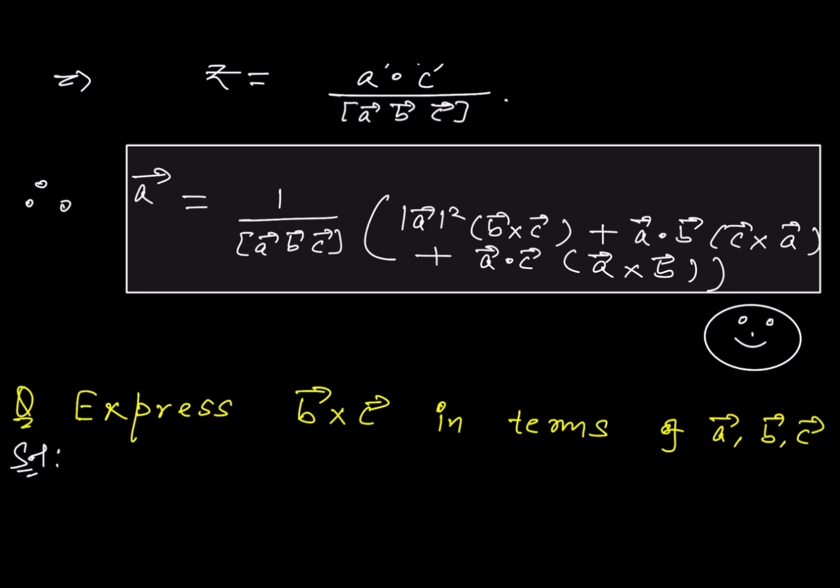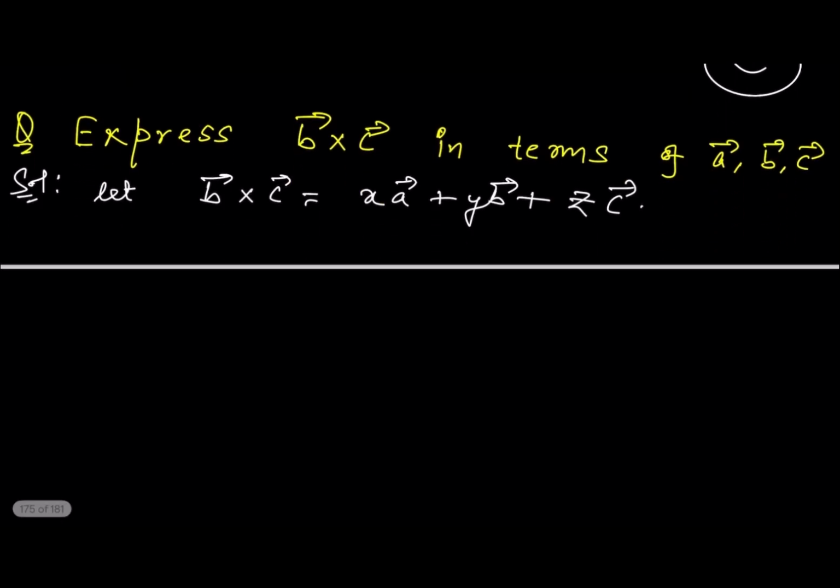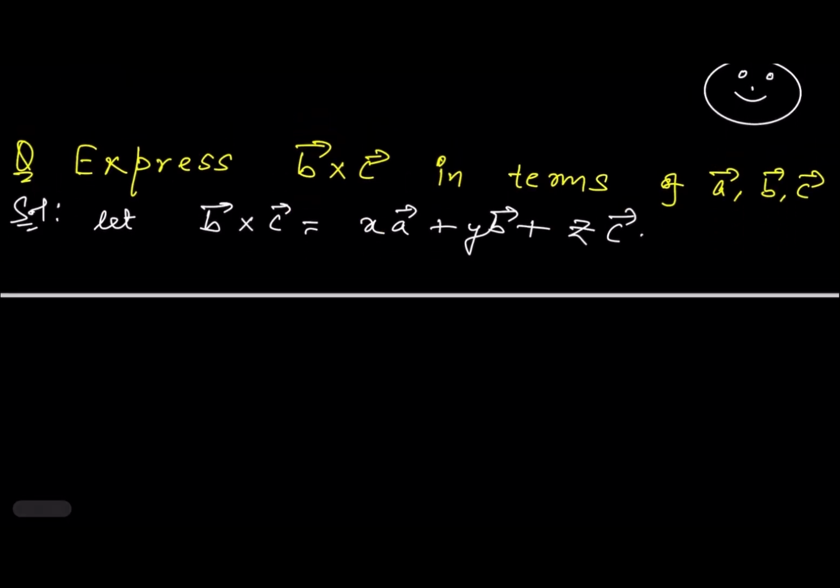So now let B cross C be x A vector plus y B vector plus z C vector. Again, I have to find these x, y and z, and question is of the same type.